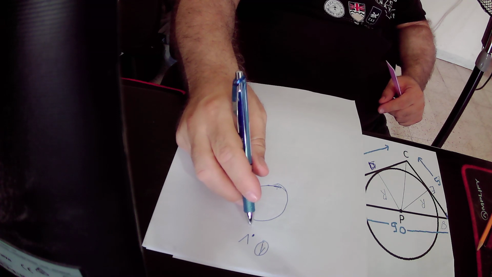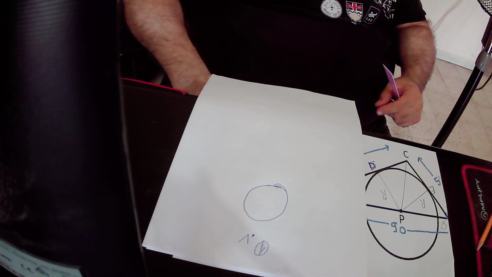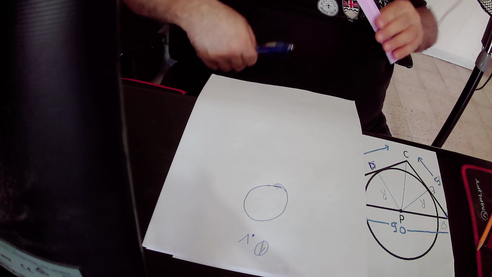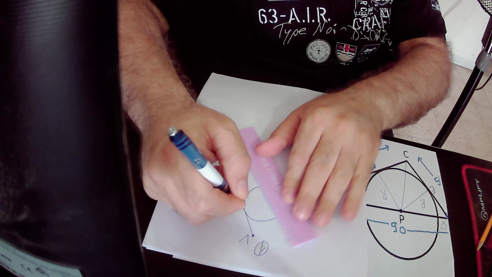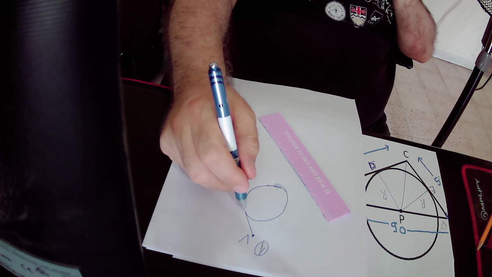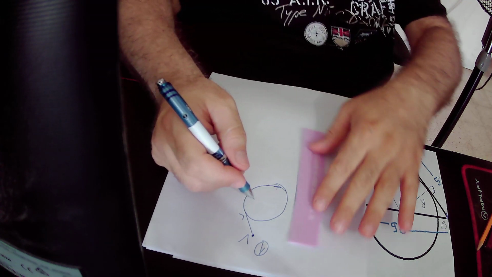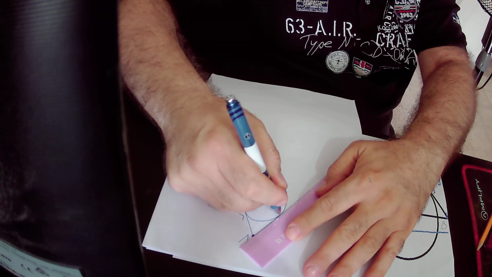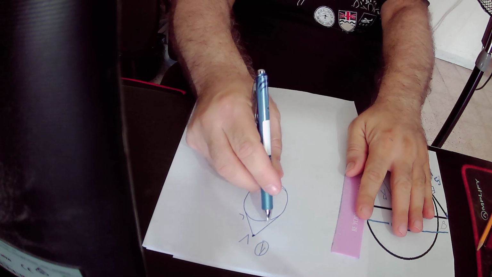So if from point V you draw two tangents to the circle, we'll call the touching point of the first tangent L, and the touching point of the second tangent F.